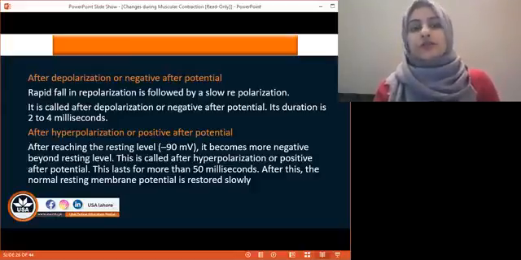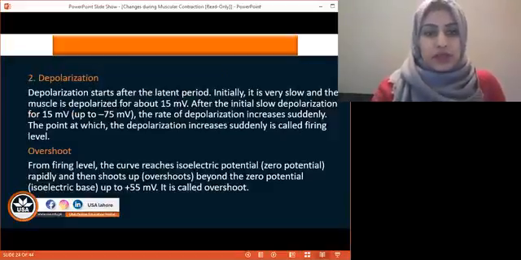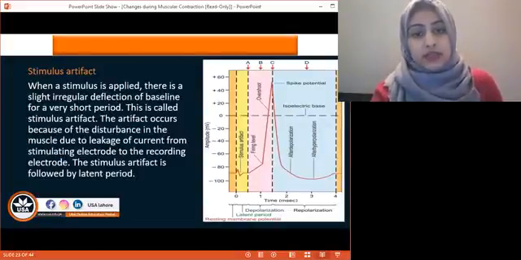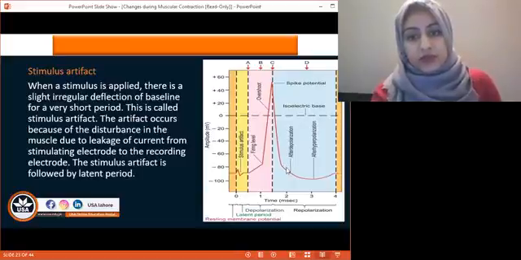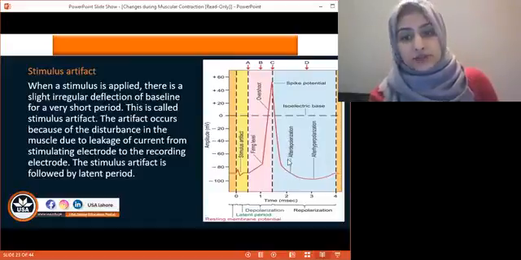It is called after depolarization or negative after potential. So what you see over here is that after the quick repolarization, it's not stopping here, and it's slowly still in the repolarization state. So the slow repolarization state is known as after depolarization.